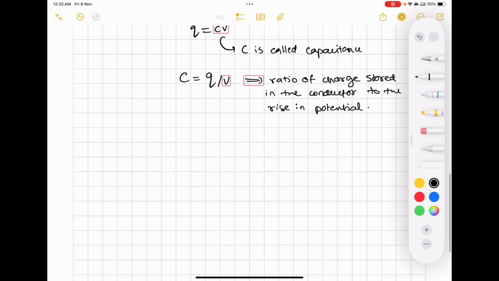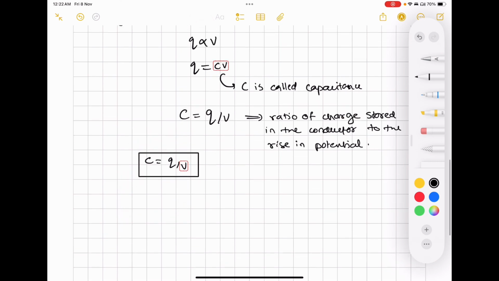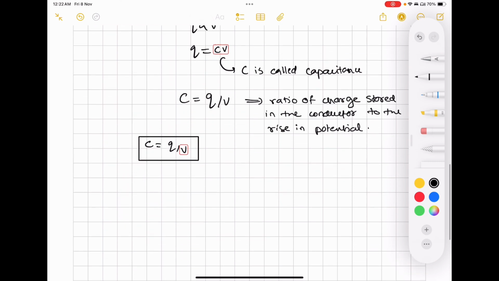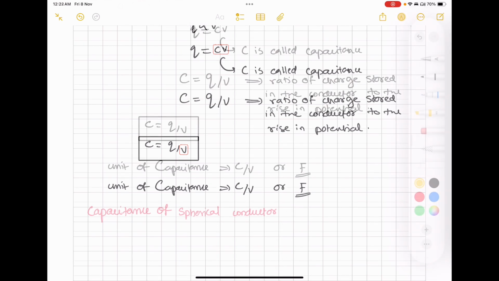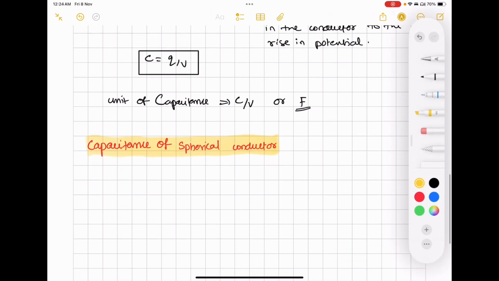So C is equal to Q by V. This is a very important equation, and we can find the unit of capacitance as coulomb per volt or farad. F is farad.